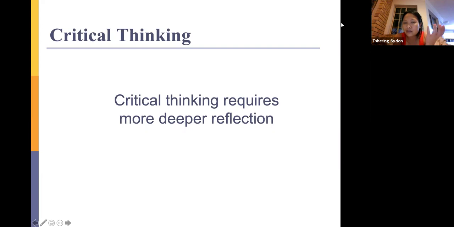We accept without thinking much about it. So I think we are kind of used to accepting things and not reflecting on what we are doing, because we had been doing it for a long time. So I think critical thinking is kind of a skill that needs to be learned and then applied.